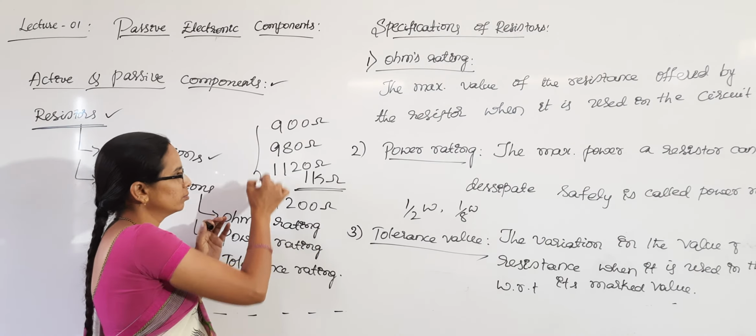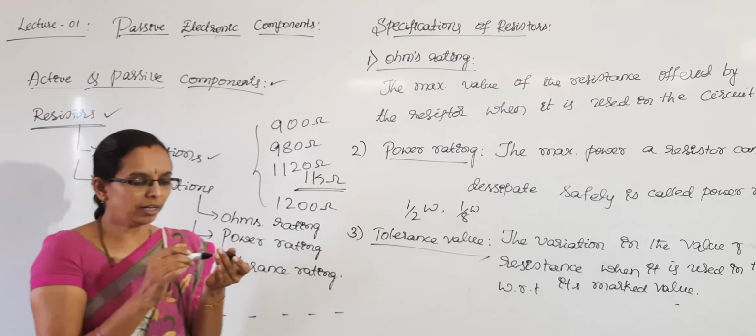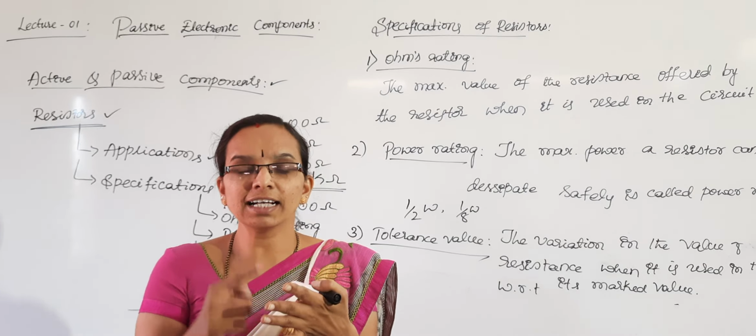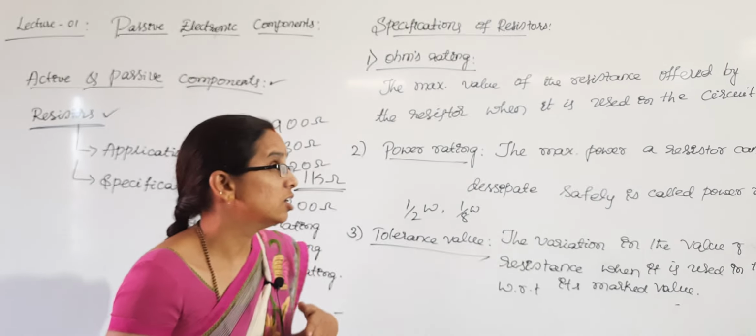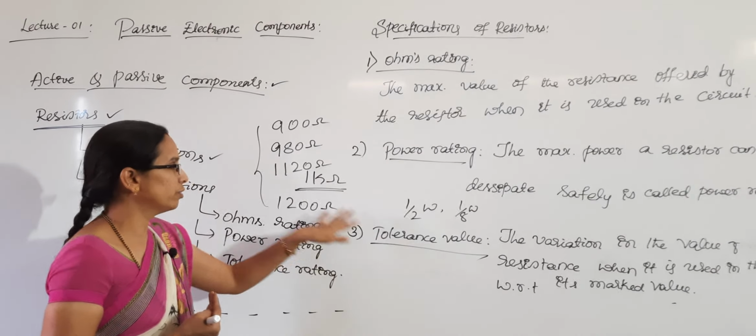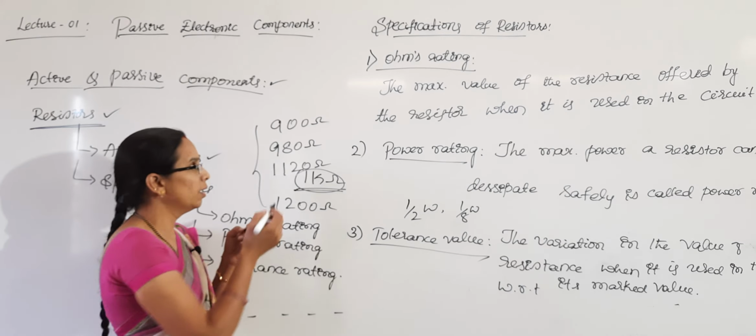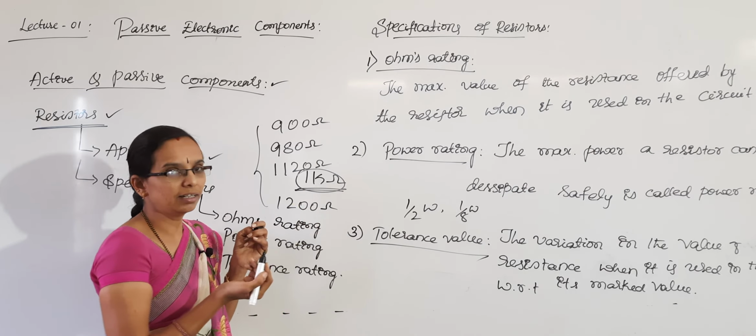It may vary, taking nearby values, because resistance value may depend on different parameters. You will buy a 1 kilo ohm resistor from the shop, but it may vary, either decrease a little bit, not more, or increase.